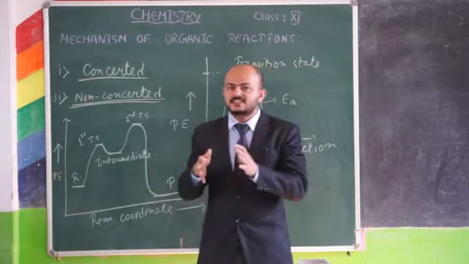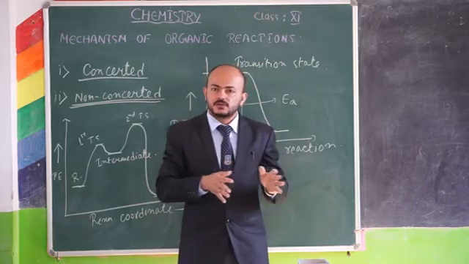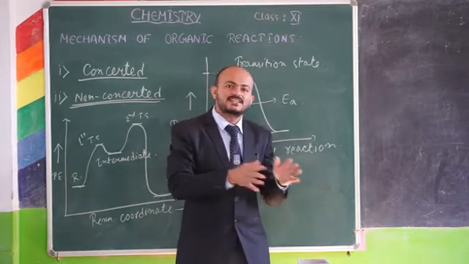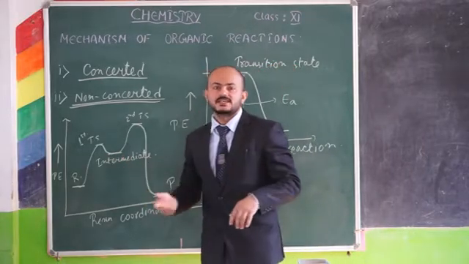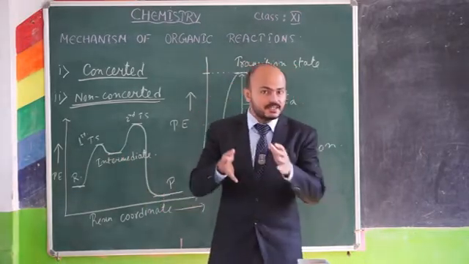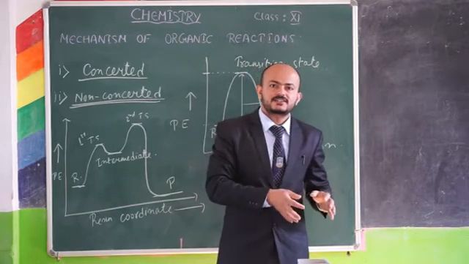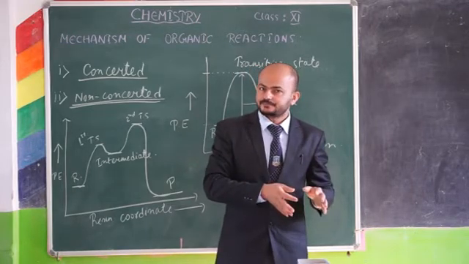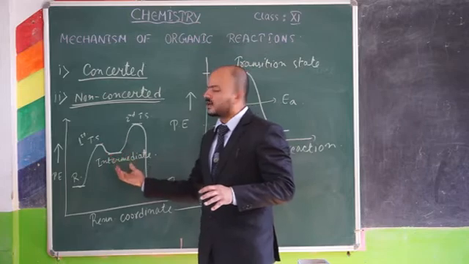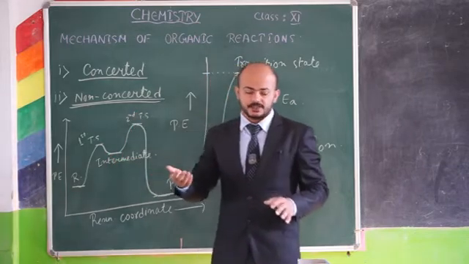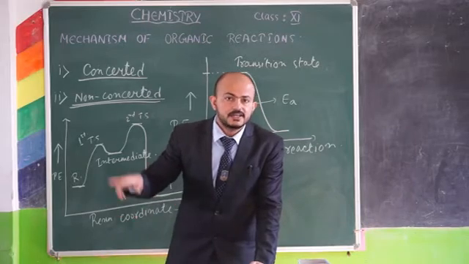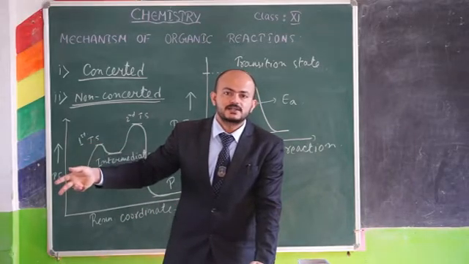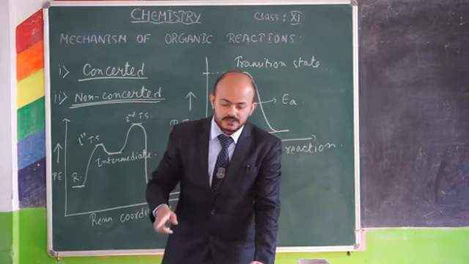We cannot isolate it. Whereas in the case of an intermediate, it can be isolated. We can separate it from the reaction and observe what the intermediate is. So the main difference between transition state and intermediate is that an intermediate can be isolated, whereas a transition state cannot be isolated.